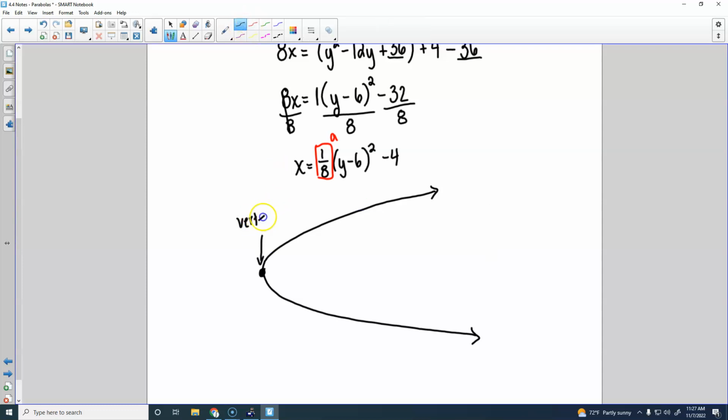Let's see. Who can tell me the vertex? Very good. -4, 6. Remember that 6 right there is with the y, so it's your y coordinate.